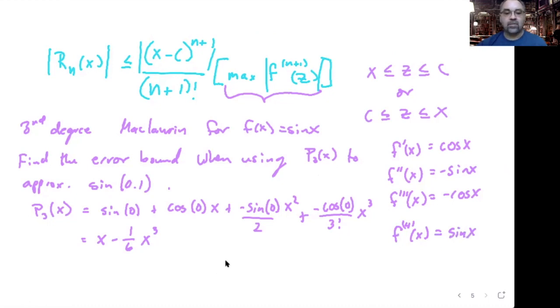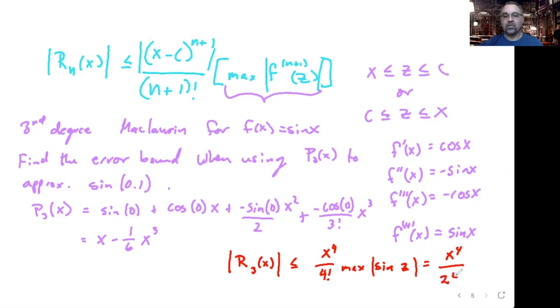So I know the absolute value of this remainder R3 of x is less than or equal to x to the 4th over 4 factorial times the maximum value of sine of z. The maximum value for sine of anything is 1, so this is x to the 4th over 4 factorial.